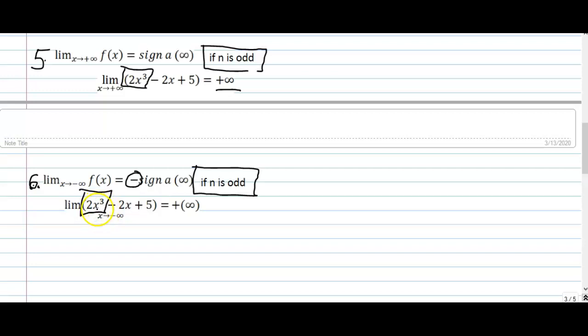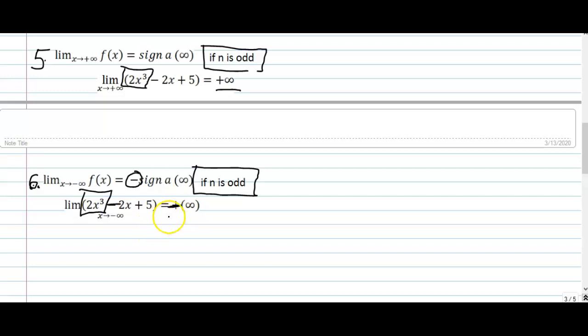If we take a negative value which decreases without bound, that means x is approaching negative infinity, and we cube it, that gives us a negative value. You multiply it by 2, that gives us actually negative infinity here.